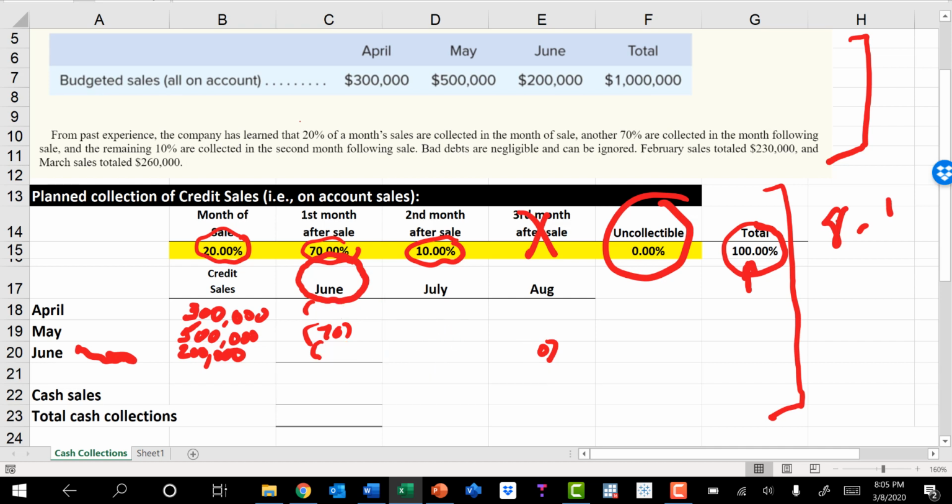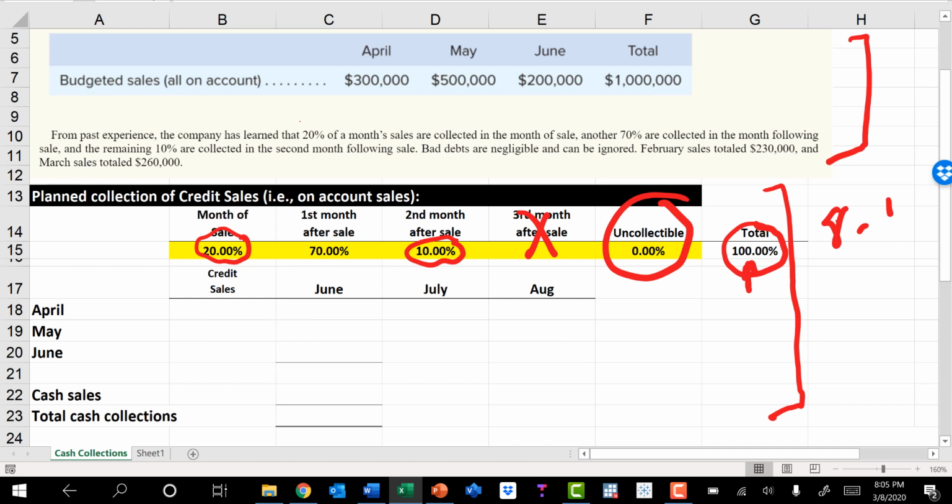Now, let's go ahead and take a look at the actual calculations. And they go like this. So credit sales, as I said, are 300, 500, and 200.